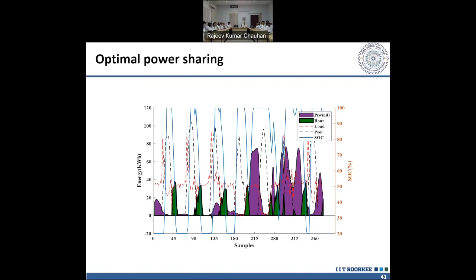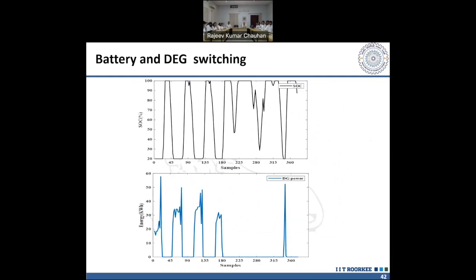These are basically the constraints. The battery is normally defined by a state of charge. If the battery state of charge goes below 30%, then it will be in the charging mode, otherwise in the discharging mode. Sorry, 20 is taken. Initially the backup is given by the battery.